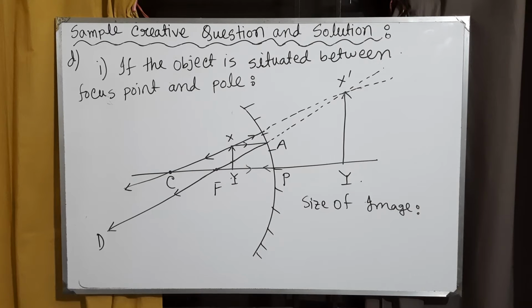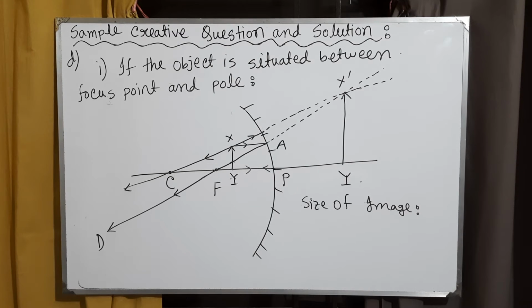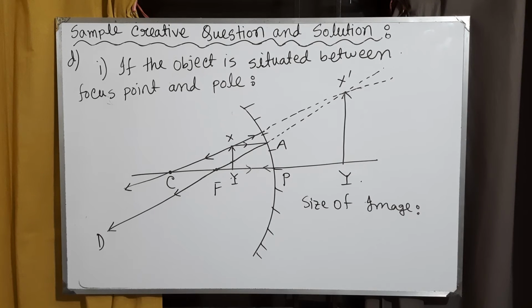Here the analysis is: after reflection, the ray parallel to the main axis from X goes through F, and another ray goes through the center of curvature.